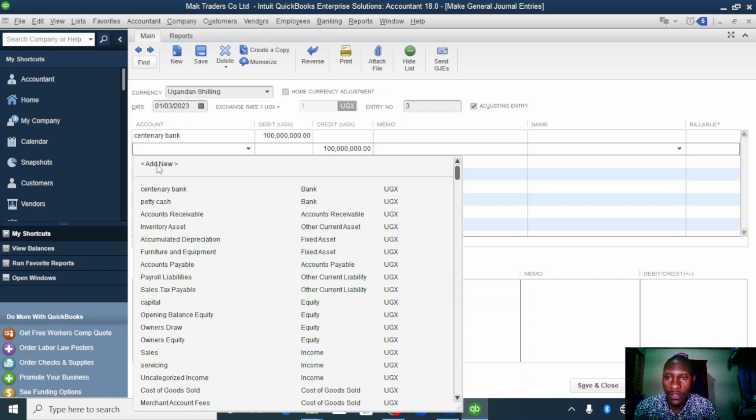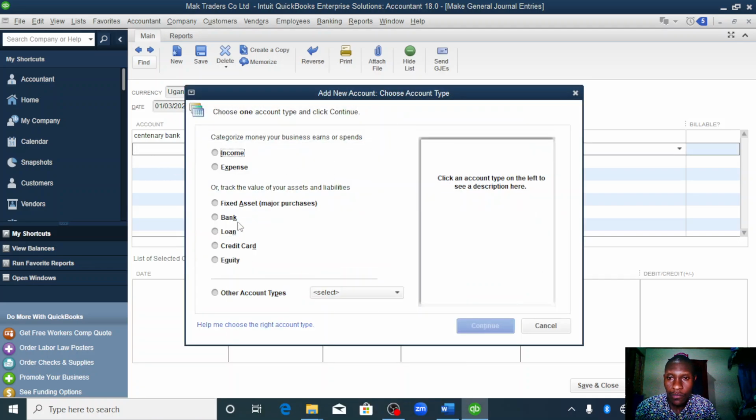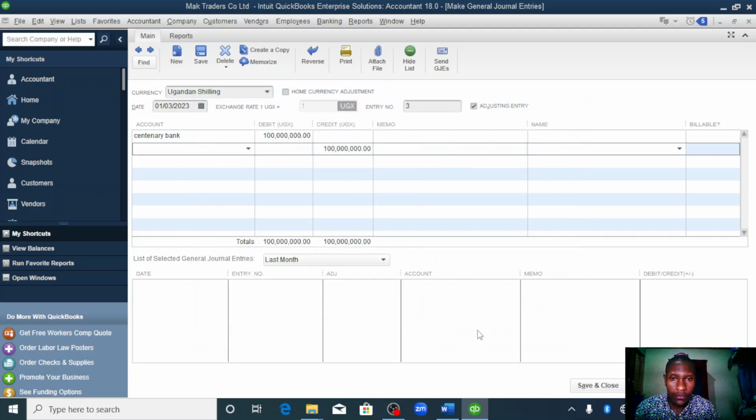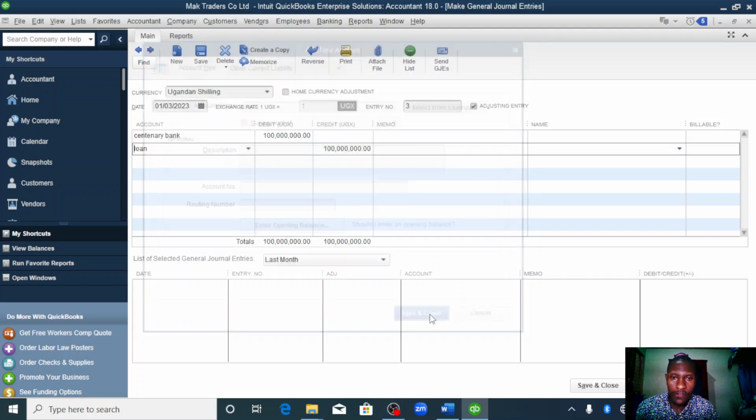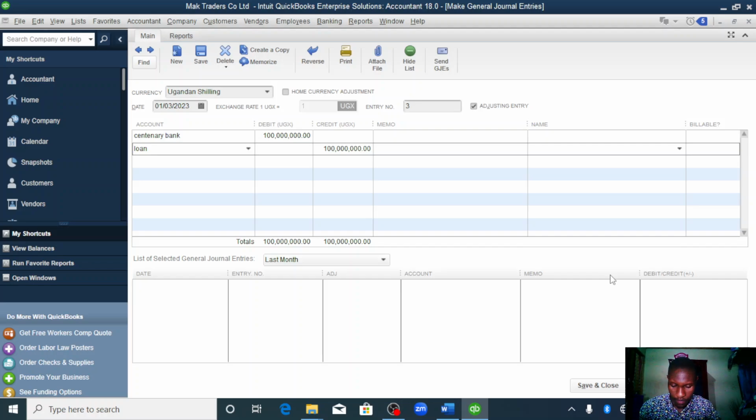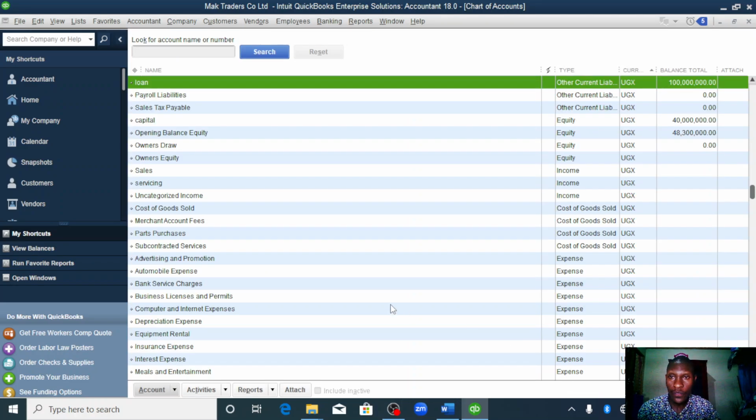So the loan account is not there, we are going to add it. Save and close. Then we get done with this transaction, we save and close.